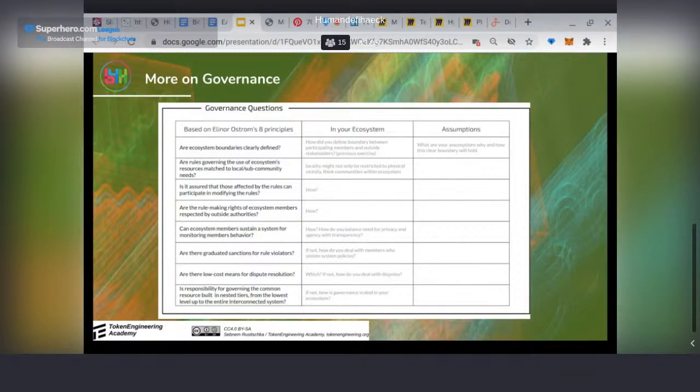Okay, so when you are designing for governance, there is a super useful tool coming from Elinor Ostrom. If you guys don't know Ostrom, she is the economist of the new century. Again, this is my own opinion.